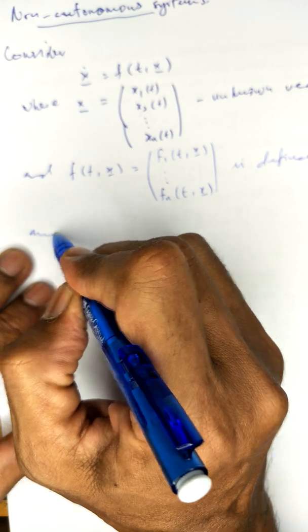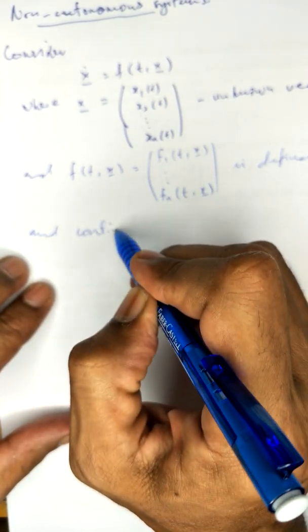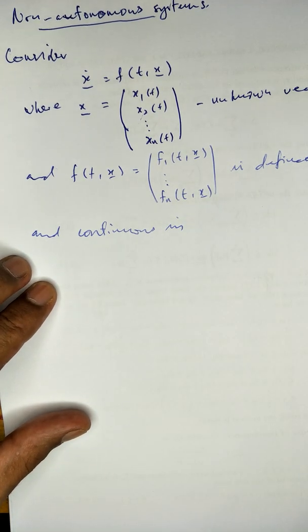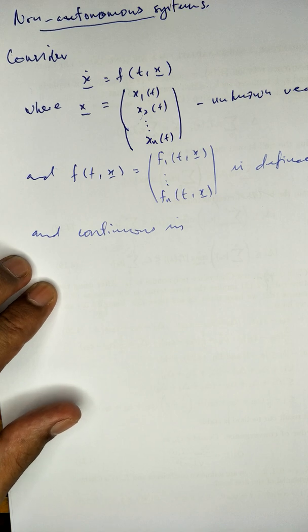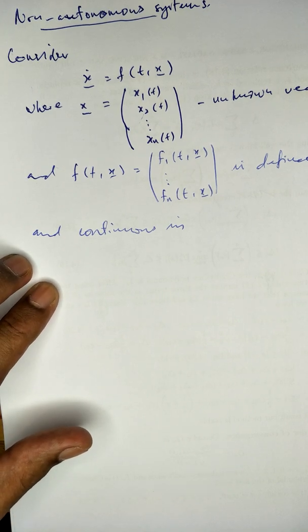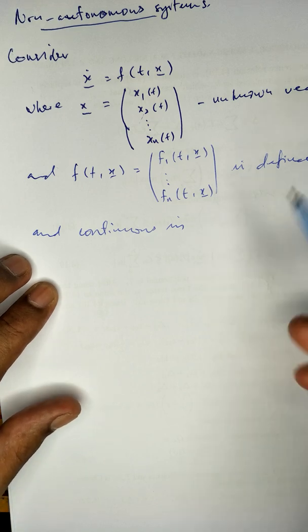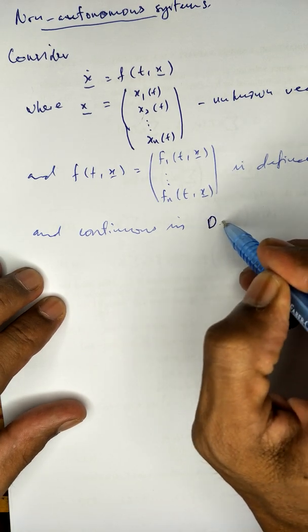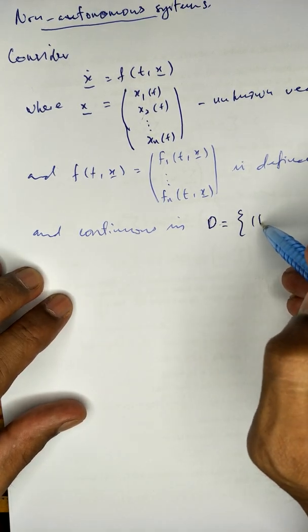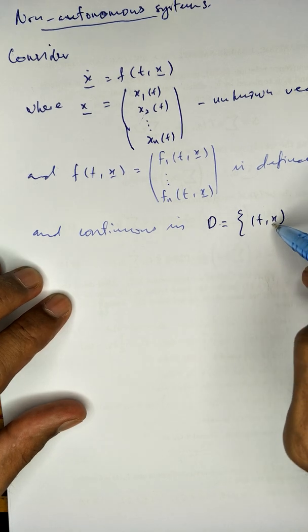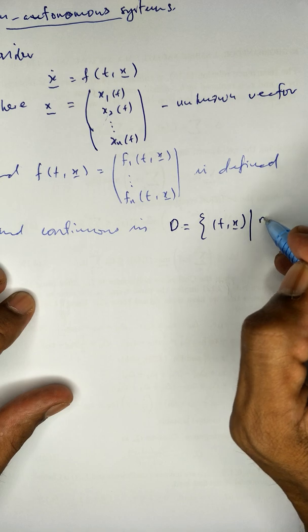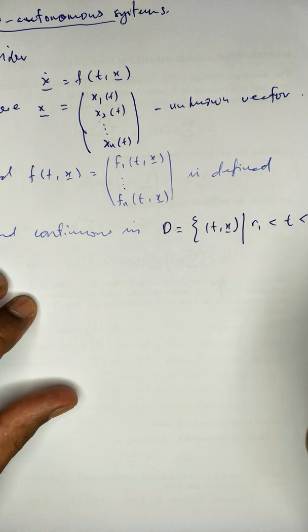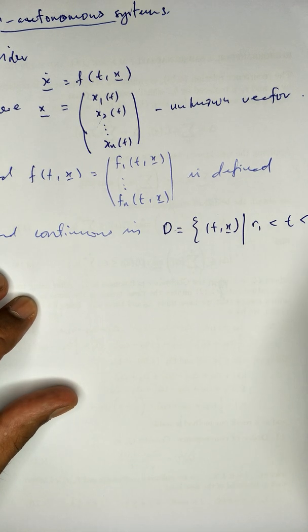Continuous in the region D, where D is given as the set of (t, x) such that t is greater than some number r1 and the norm of x is less than a.